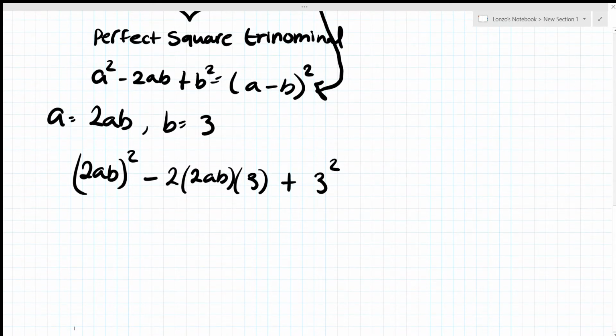Let's simplify. We square everything, the 2, the a and the b, so 2 squared is 4, a to the second power is a squared, and b to the second power is b squared. Minus, now we multiply this out: 2 times 2 times 3, and you have a negative, so it's negative 12, and then you're left with ab.